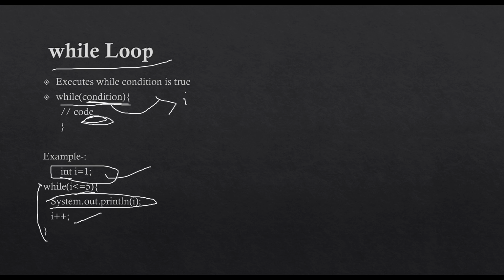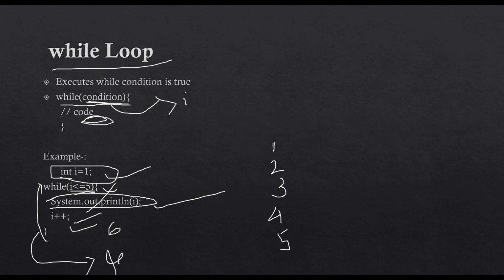Then the loop goes again, the condition is satisfied, and it prints 2, then i increases from 2 to 3, the condition is satisfied, and it prints 3. Same for 4 and 5. When the i value is 6, it does not satisfy the condition, so it exits from the loop.